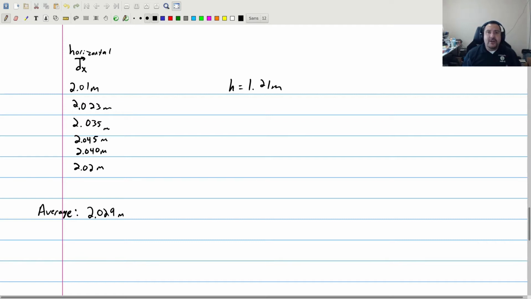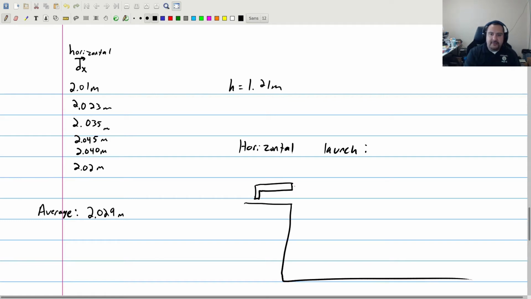Since we're firing horizontally, we know some things. So this is for the horizontal launch. It's going to look something like this. Here's my projectile launcher, and it's up on top here, like that. And when we fire it, it follows this parabolic trajectory, and it lands down here.